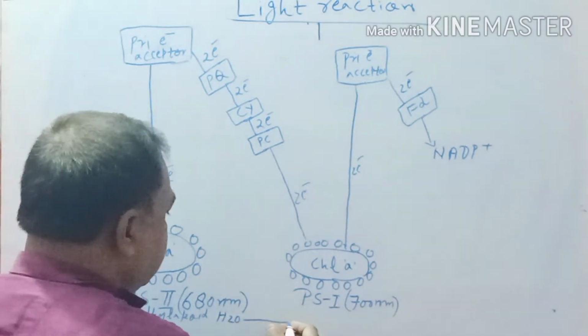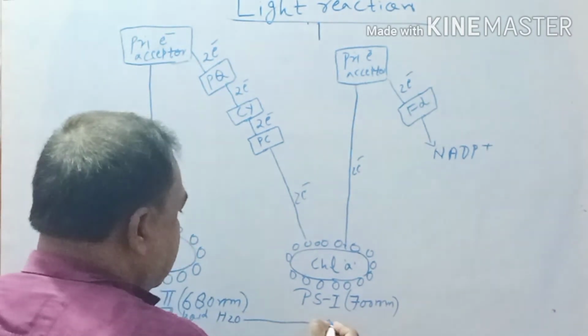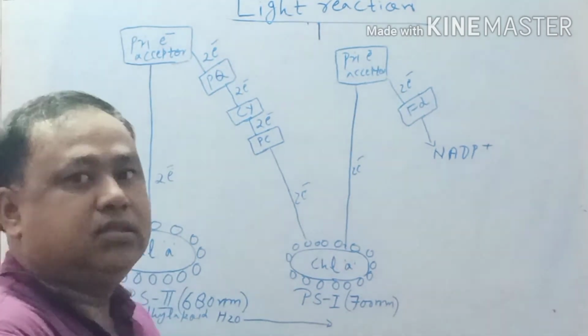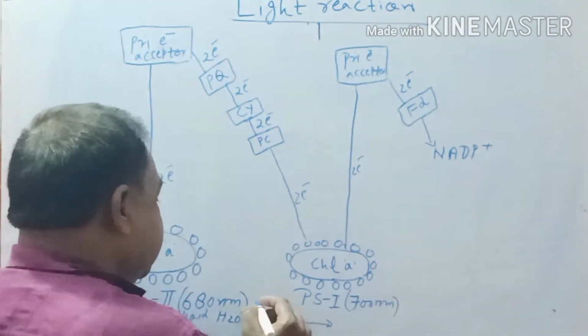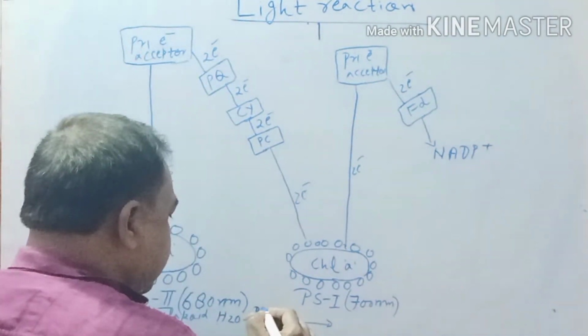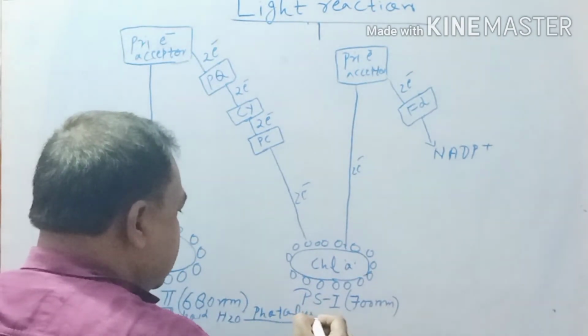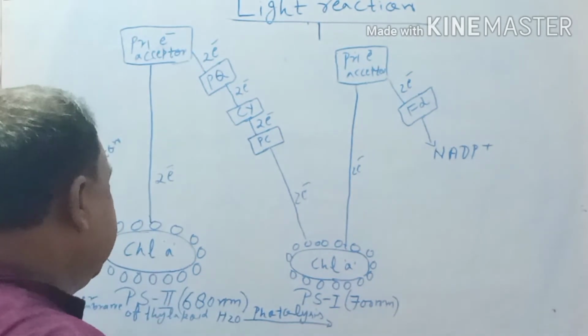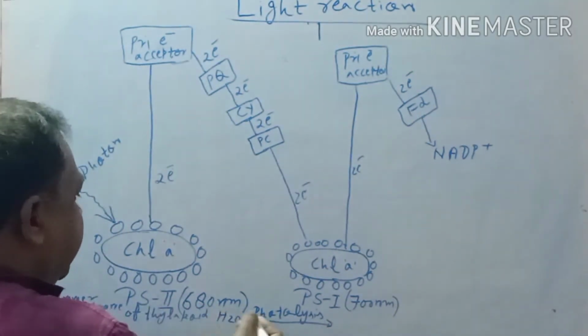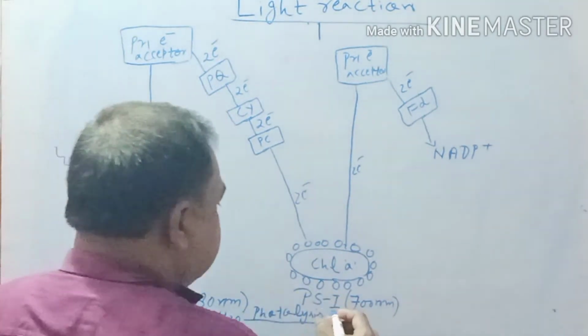Splitting of water takes place, or you can say the process of photolysis takes place at the inner membrane of thylakoid.